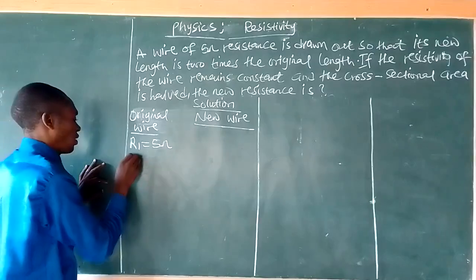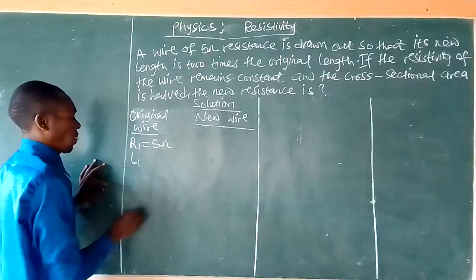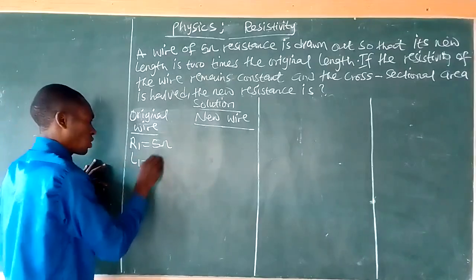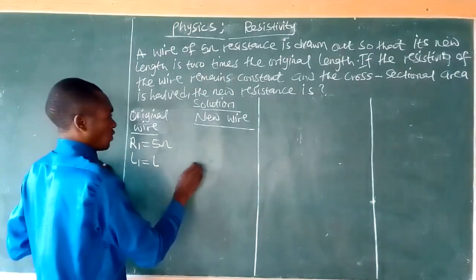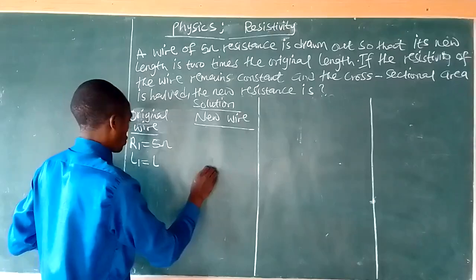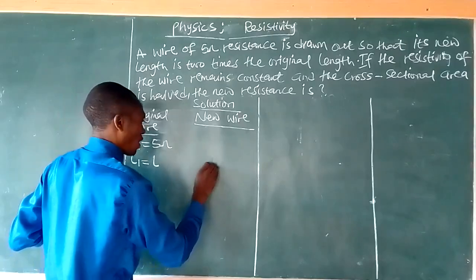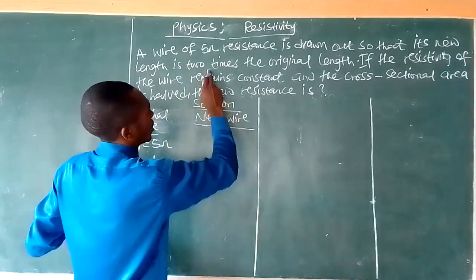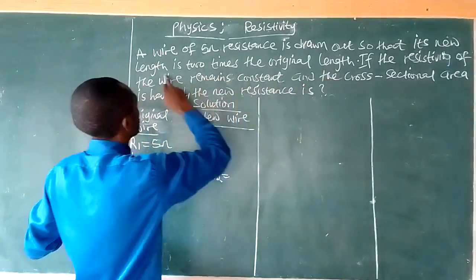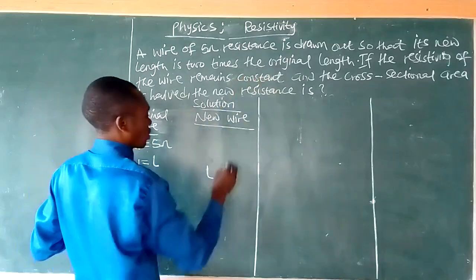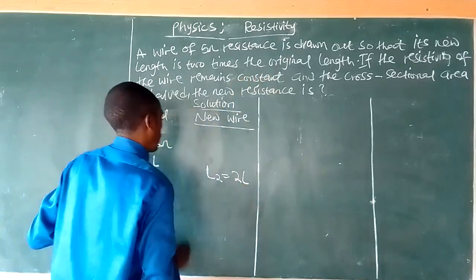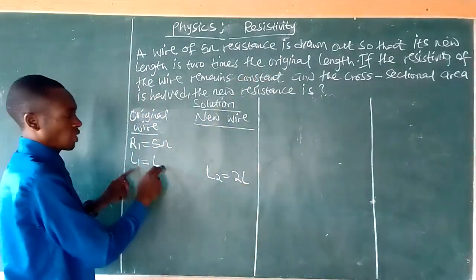That means we're going to have L1, which we can say is also the same thing as L. Then we can also have L2. They said its length is 2 times the original. So L2 is 2 times L, which is 2 times L1. L1 is the same thing as L.